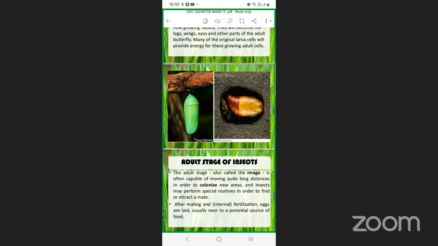So the pheromones are what we call sex attractants. Earlier also, we discussed these pheromones in attracting the male insects, and the role of these pheromones.